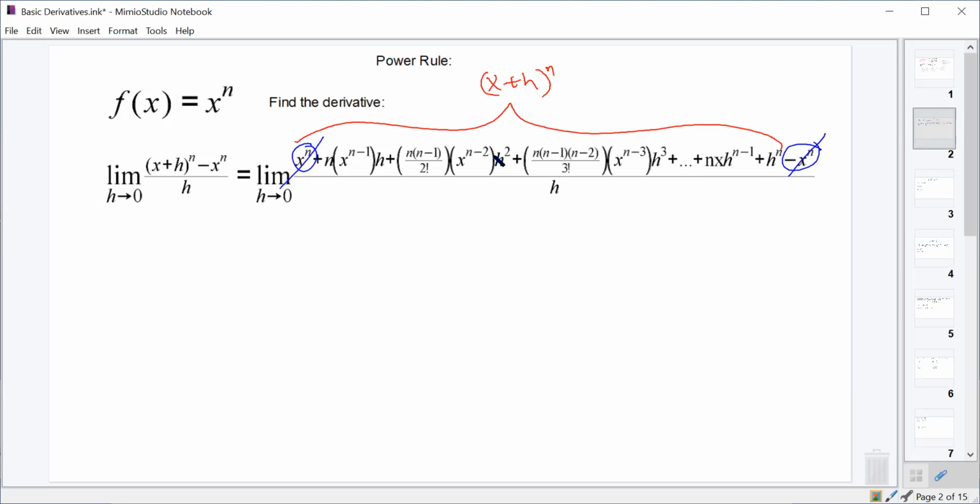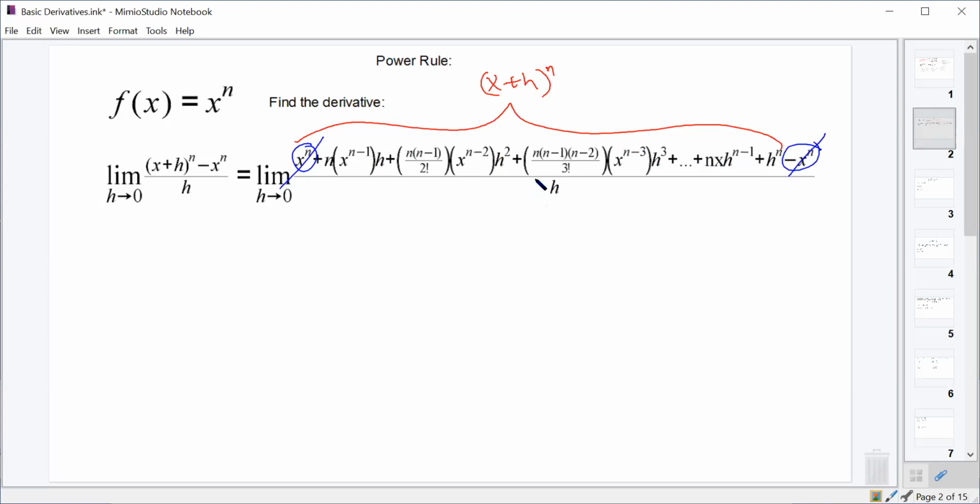This one's got an h, this one's got an h squared, this one's got an h cubed. All these ones with the dot dot dots should have h to the 4th and h to the 5th and h to the 6th, and so on. H to the n minus 1 and h to the n, right? Would you all agree with that? Yes.